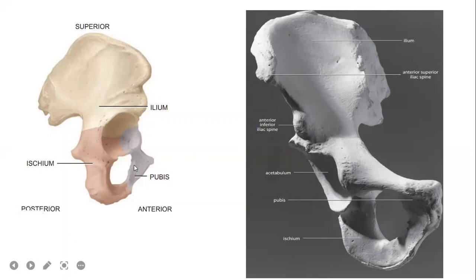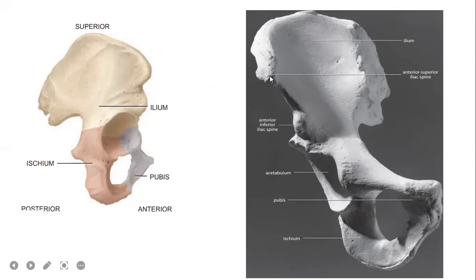It's attached to the pubis, and it's connected to the ilium right here, and we also have the acetabulum. This bone was probably extracted from someone who died a long time ago, and you can check from this real image the acetabulum. We have the ischium projecting down here, and the pubis here.